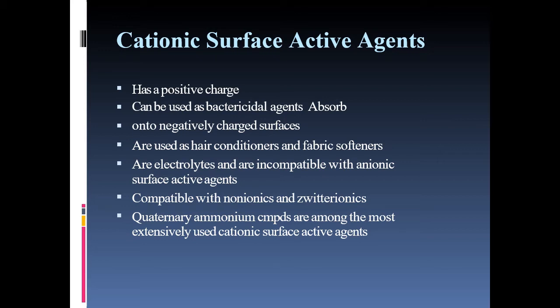And cationic surface active agents are electrolytes and are incompatible with anionic surface active agents. They are compatible with non-ionic and zwitterionic agents, and quaternary ammonium compounds are among the most extensively used cationic surface active agents.